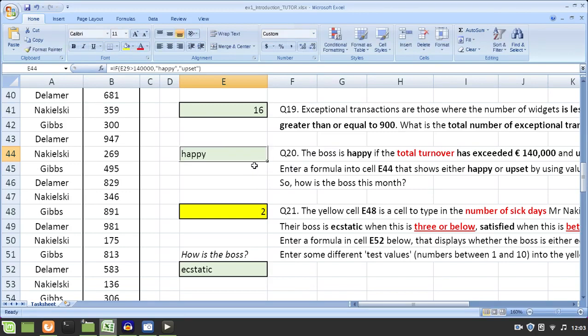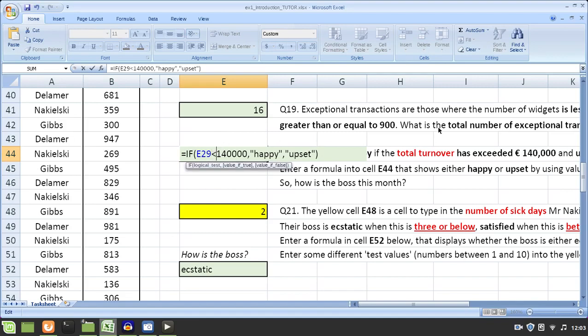Now let's have a quick look at the if statement again. What else could I put in here? Well, I could put a less than, I could put a greater than, I could put an equals. Pretty straightforward. I can put a greater than or equals. I can put a less than or equals. I can also put a not equals symbol.